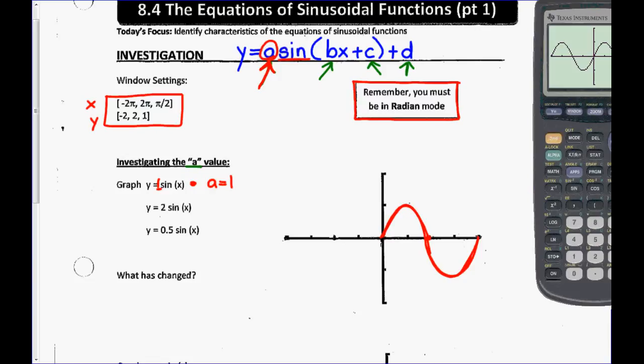So a stands for amplitude. When we talk about the amplitude of those waves or the curvature, the amplitude is this distance here, remember, from the midline up to the maximum point, or from the midline down to the minimum point. Remember that from last day?